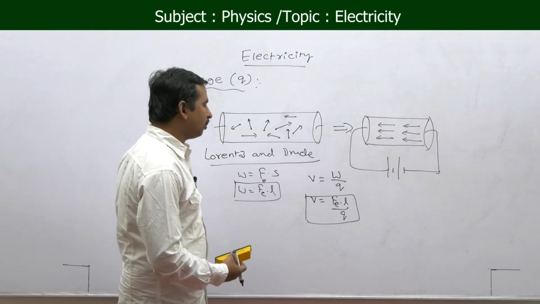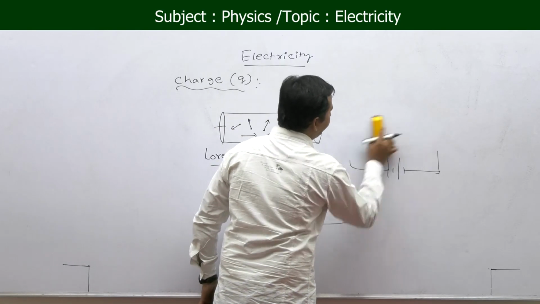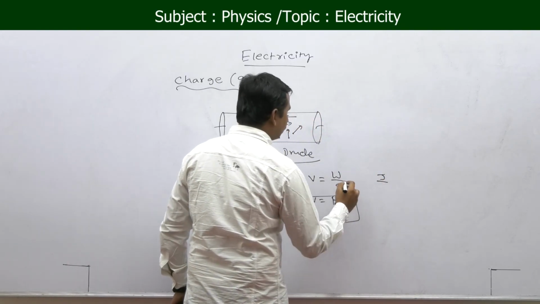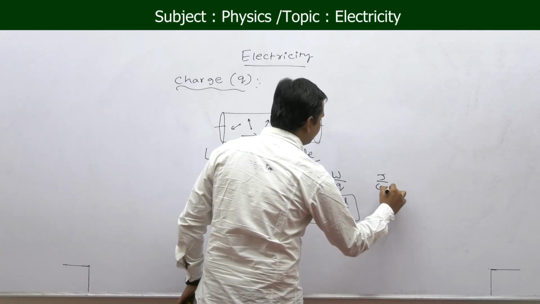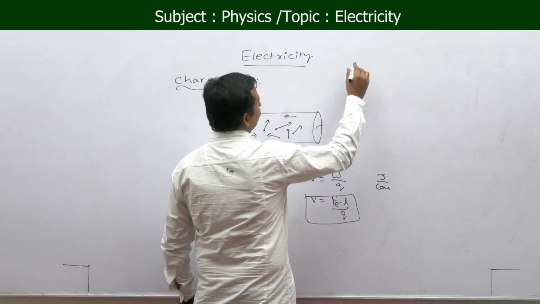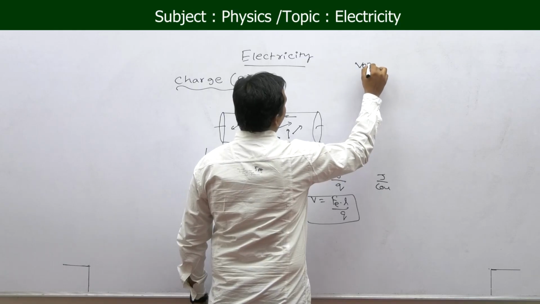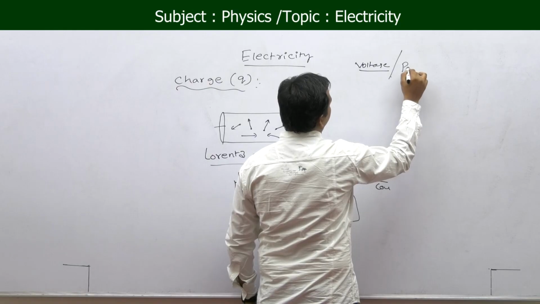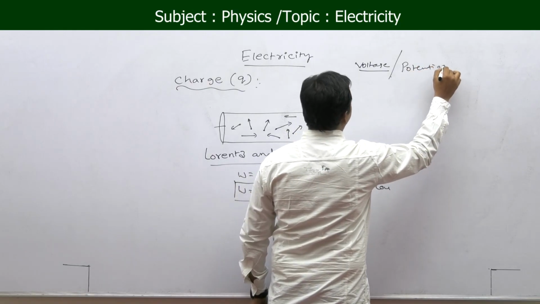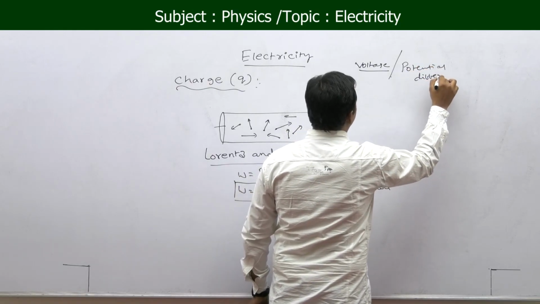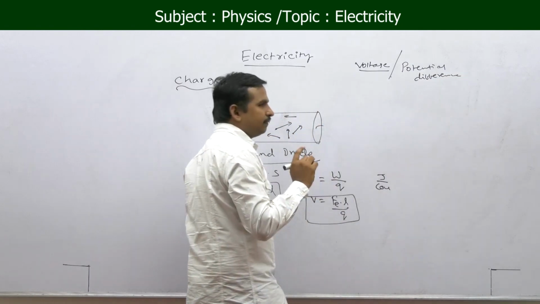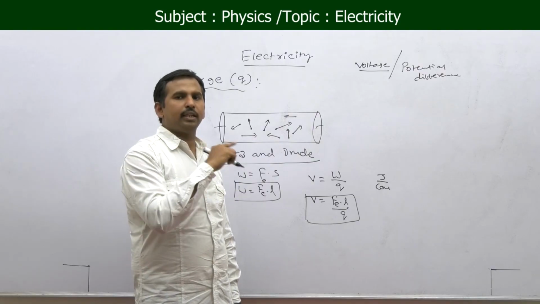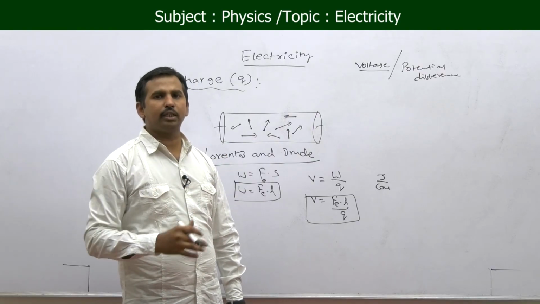As V is equal to W by Q, its units we can write as: W is in joules and charge is in coulombs, so joule per coulomb. So voltage, or potential difference, is nothing but the work done by the battery on the charge to move inside the conducting wire in a particular direction.